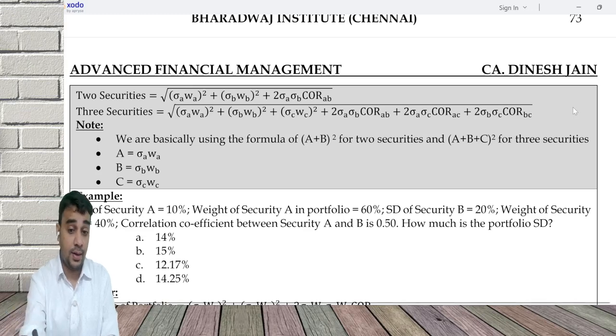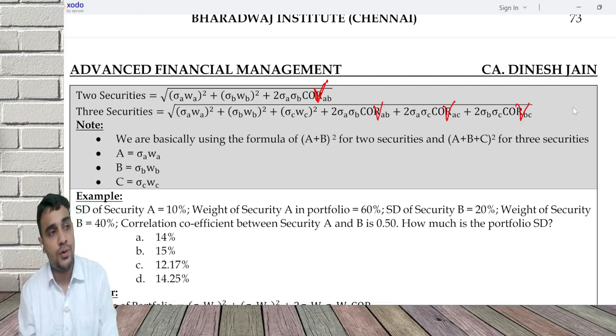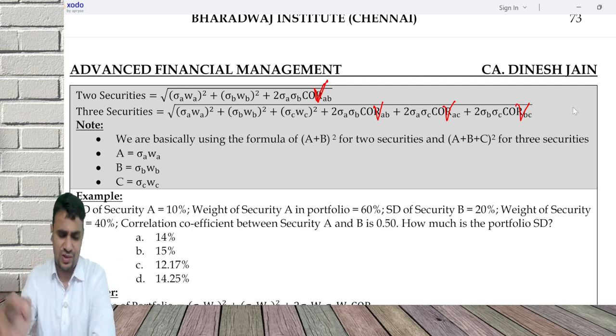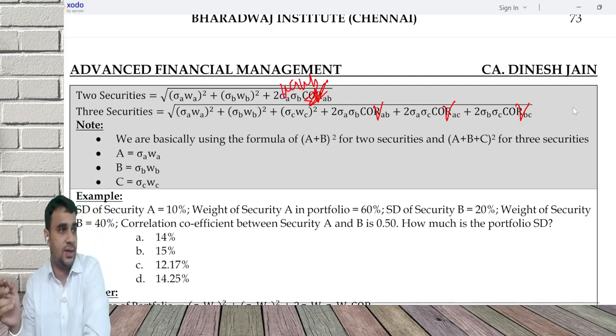Okay, there's an error here. This is covariance. If it's correlation, then you have to do sigma A, WA, sigma B, WB. If it's covariance, leave it, just attach WA, WB here.